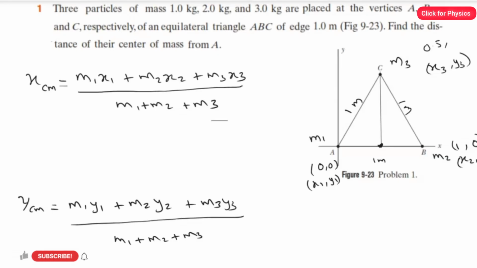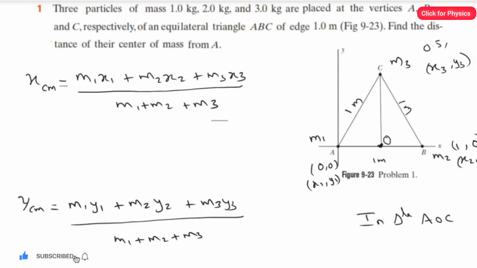We have to consider the right angle triangle A, C and O. Let's name this point as O. In triangle A, O and C, I'm going to apply the Pythagoras theorem. So how can we write the equation?